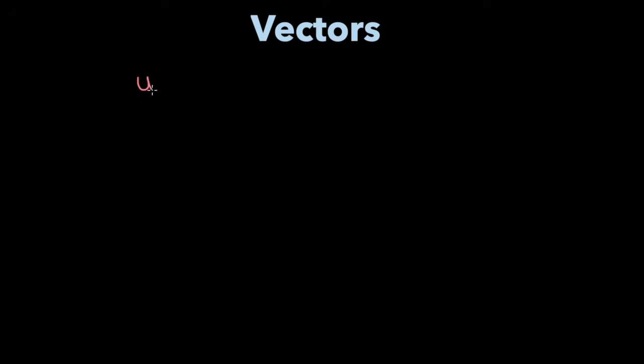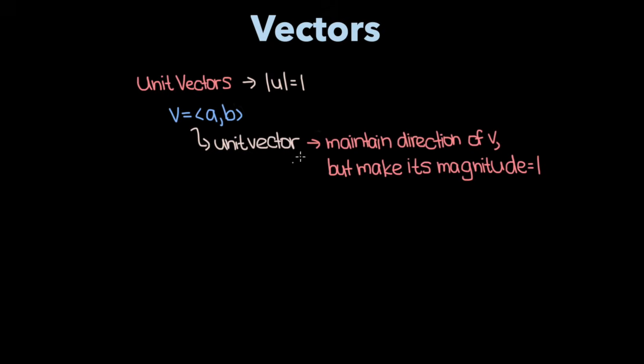Now let's come back to talking about unit vectors. As we mentioned earlier, unit vectors, let's say we call it u, will always have a magnitude that is equal to 1. And so let's say we had the vector a, b, and we wanted to convert it to its unit vector. Well, first off, let's think about what converting v to its unit vector will do. By converting v to a unit vector, what we're doing is maintaining the direction of v, but making its magnitude 1.